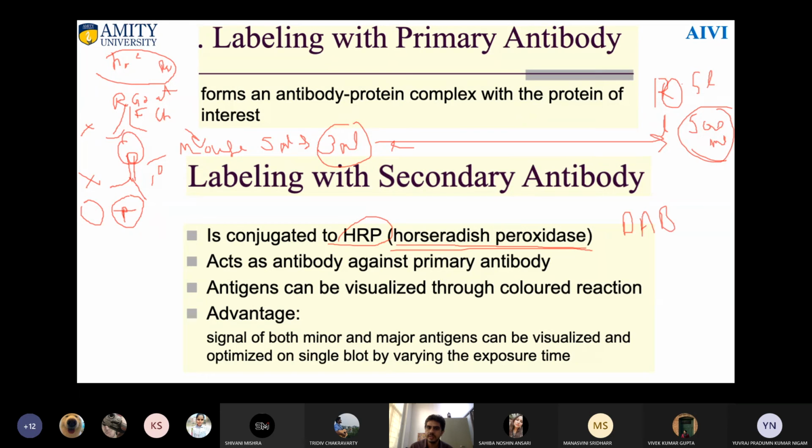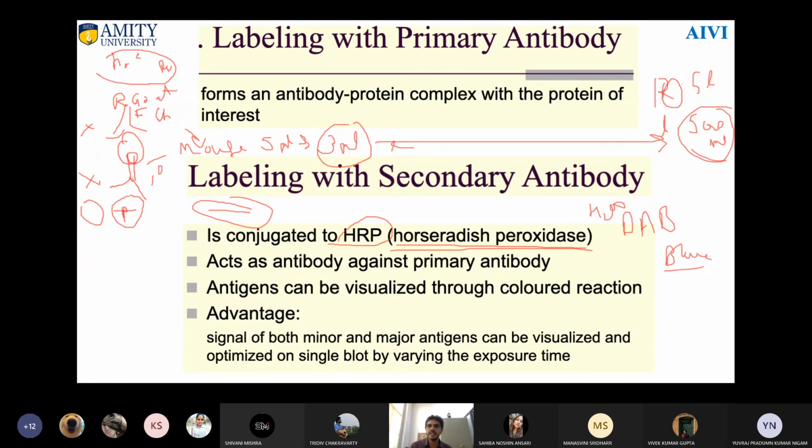If you put it with this and H2O2, it will give a blue colored product. So if the protein band present on your gel becomes blue in color, you can simply say that the protein is there. Otherwise, it is going to be uncolored.